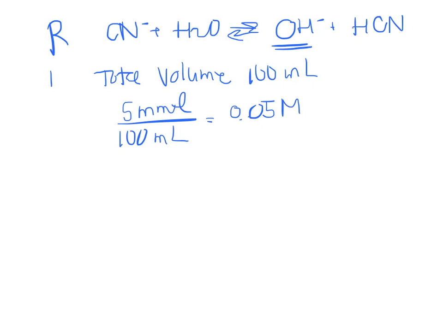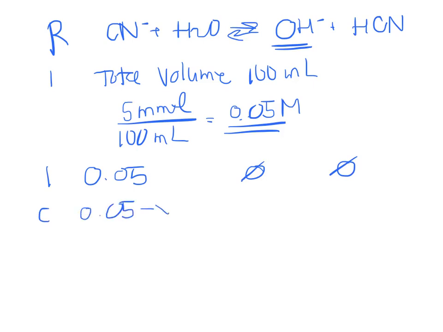Okay? Now we can use this for my I. So the molarity for CN is 0.05. Since it's initial, we have 0 for the OH and 0 for the HCN. The change is going to be minus X, plus X, and plus X. So my equilibrium is going to be 0.05 minus X, X, and X.